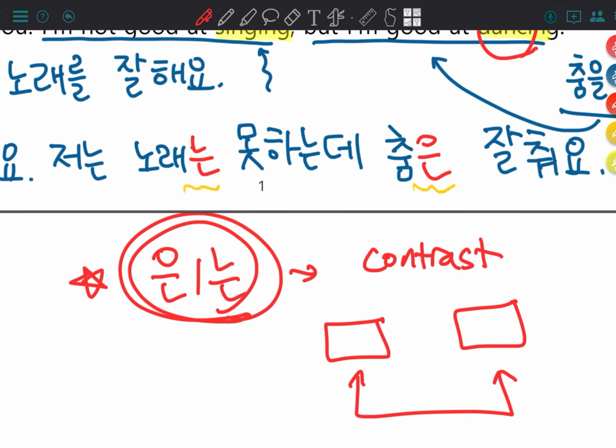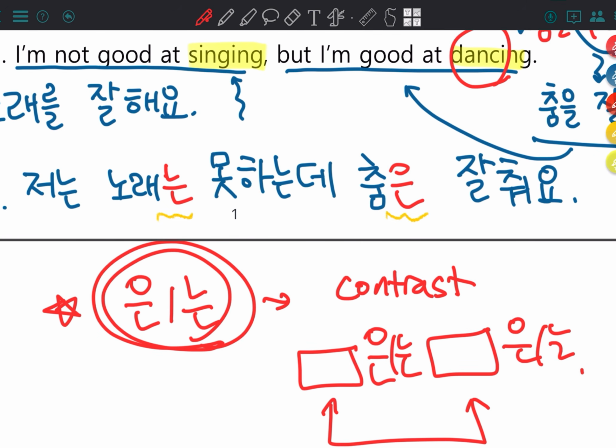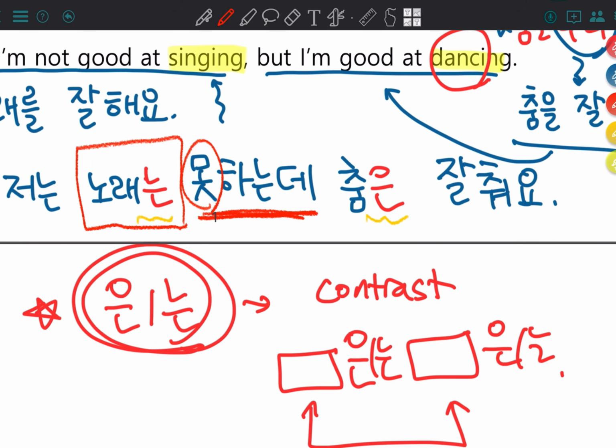So you use 은/는 to mark each noun to compare these two. So if you say 저는 노래는 못하는데, this is something that you're not good at. But 춤은, dancing, is something that you're good at. They definitely show contrast. So in order to compare these two different qualities, you can mark the noun with 은.